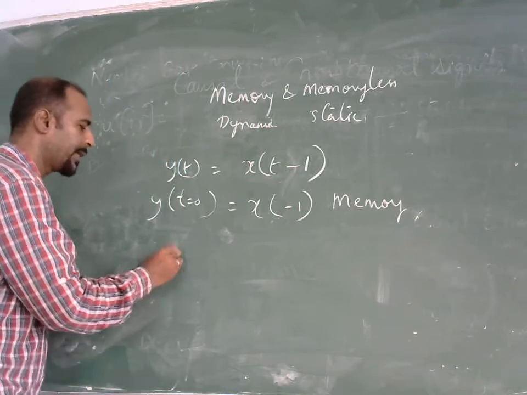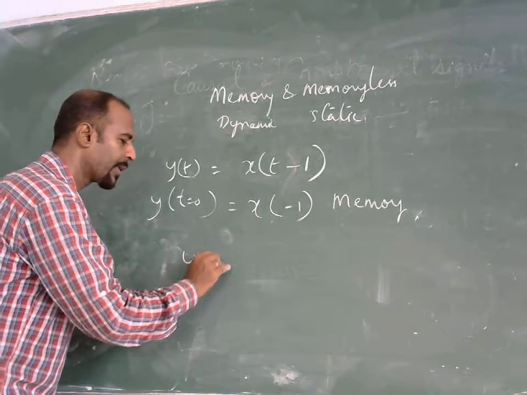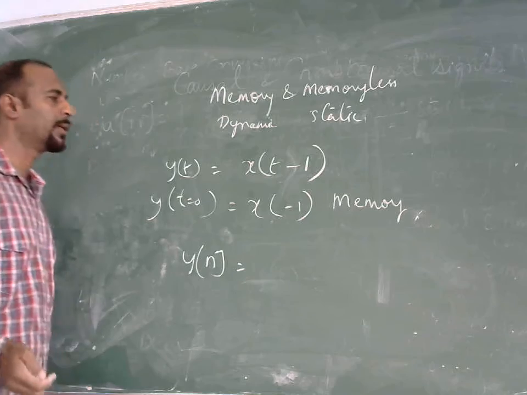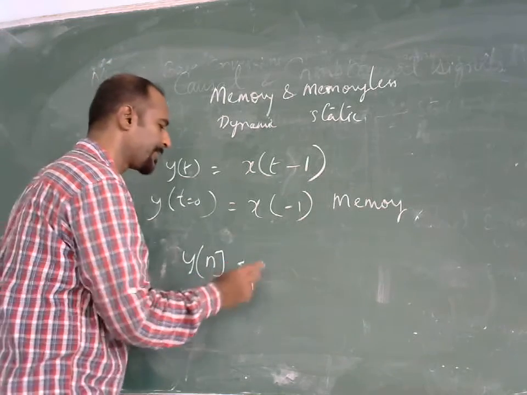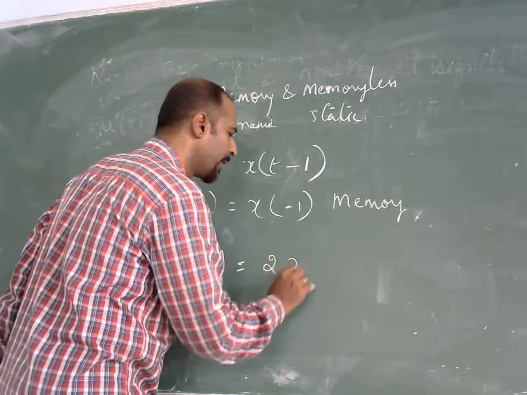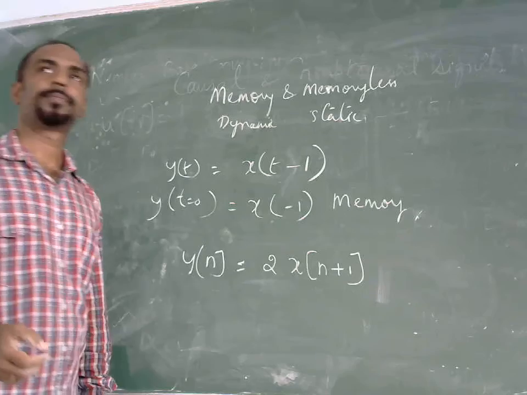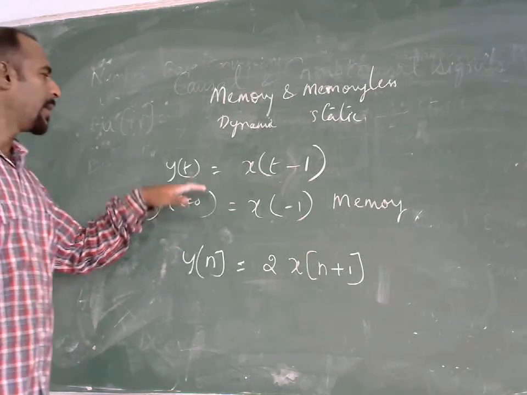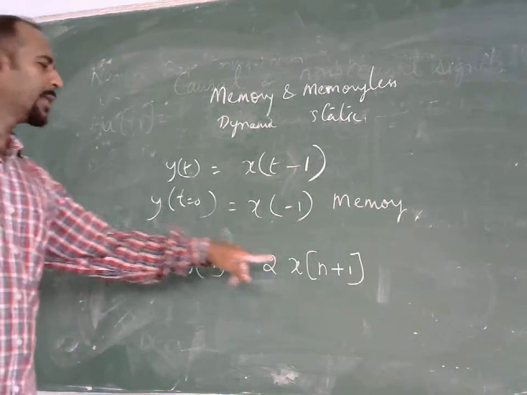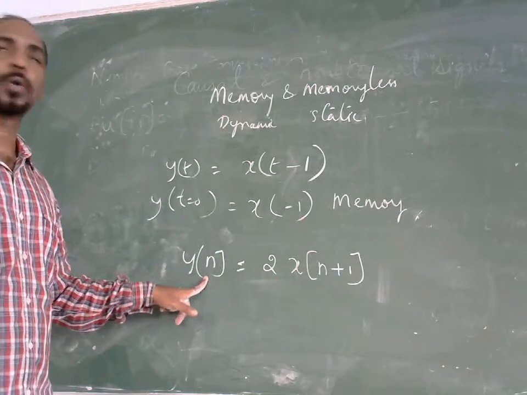Now let us take another example. For a discrete time signal, y of n is equal to 2 into x of n plus 1. We know x of n is the input and y of n is the output.